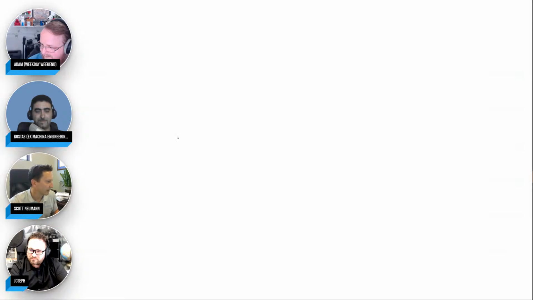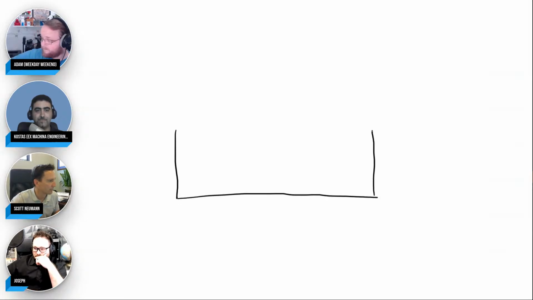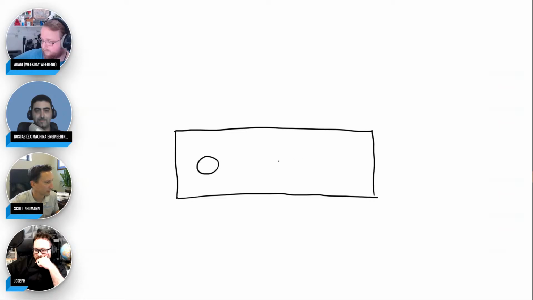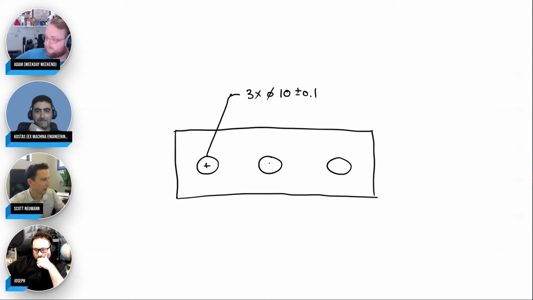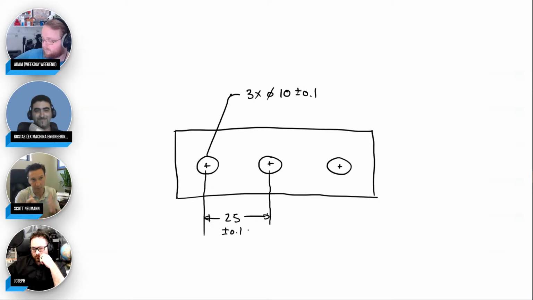Let's just say we had a simple plate, and you have 3 holes in it, and these 3 holes have a size of, I don't know, 10 millimeters or something, plus or minus 0.1. And then we give a dimension between those holes, and let's say we want it to be 25 millimeters from here to here. And so then we put a plus or minus 0.1 on that dimension right there.